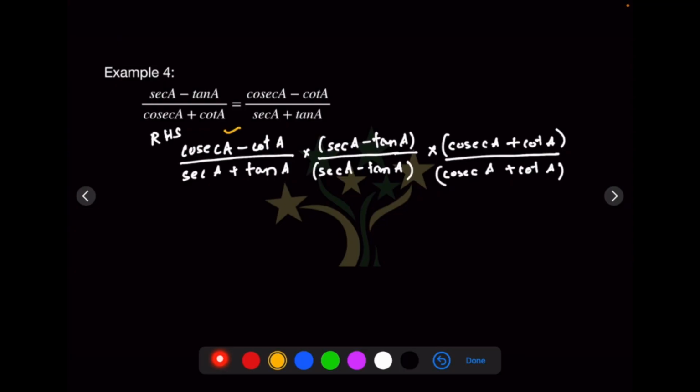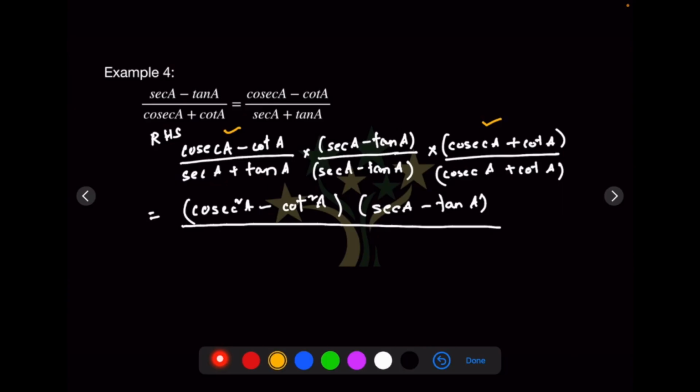CosecA minus cotA, cosecA plus cotA, which is a plus b into a minus b, gives us a square minus b square, cosec square A minus cot square A. In the numerator, what are we left with? secA minus tanA. Similarly, in the denominator, we have secA plus tanA and secA minus tanA. So same, we can write it as sec square A minus tan square A.